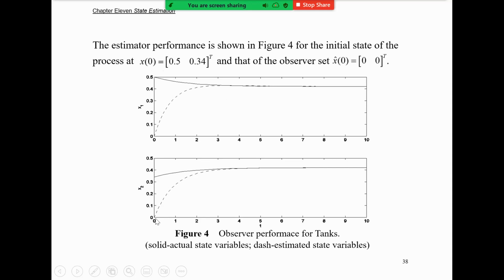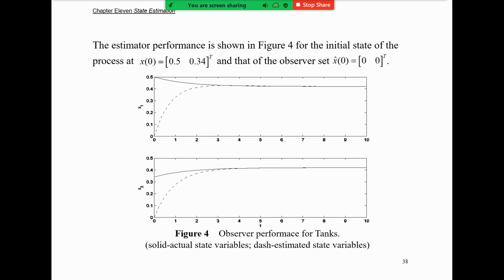Even though the estimated value at 0 does not match the actual value, as time goes on, after about 3 seconds, it is very close to the true value. That serves the purpose of the observer.